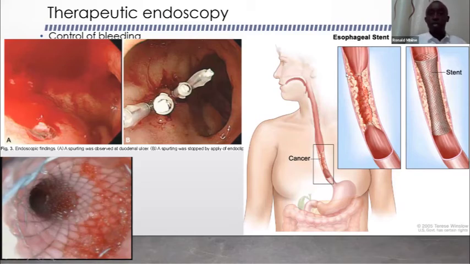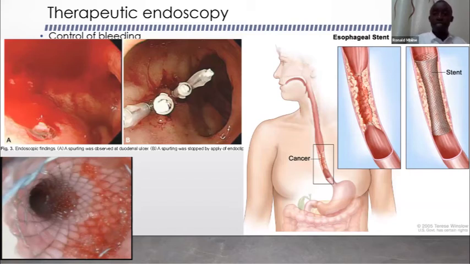On the right, there's something called esophageal stenting. Once again, some of these diseases block, because remember, the gastrointestinal tract is a tubular structure and it's transmitting food. So sometimes because of different growths, they can grow into the lumen, the tube of the tract, and obstruct it.